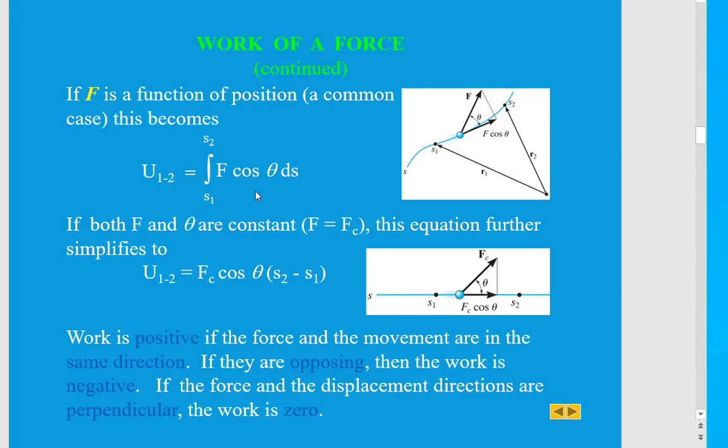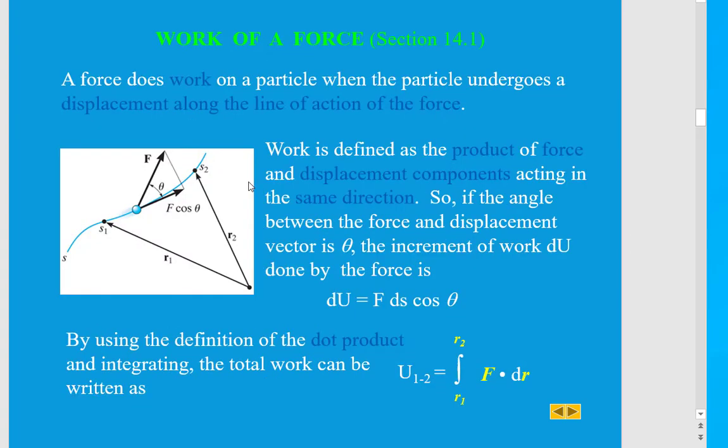Now, some of you may wonder, where did you get this from? All right, so I'm going to go back one more slide and define what work means. A force does work on a particle when the particle undergoes displacement along the line of action of that force.